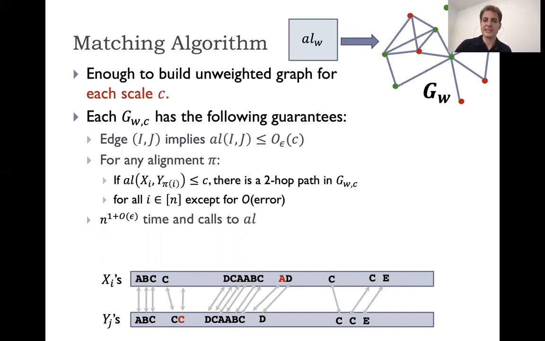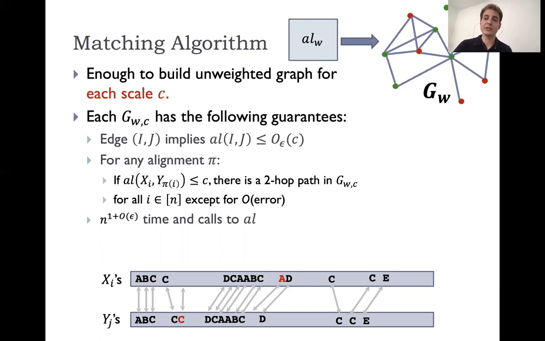Again, I will explain it. Because it's a sparse representation, we cannot have a one hop, we cannot put an edge between every pair of matches, but we will do the second best. We will do a two-hop path, where each of those hops will be of weight C in this graph G_W,C.